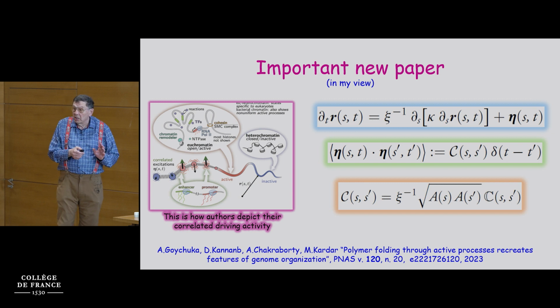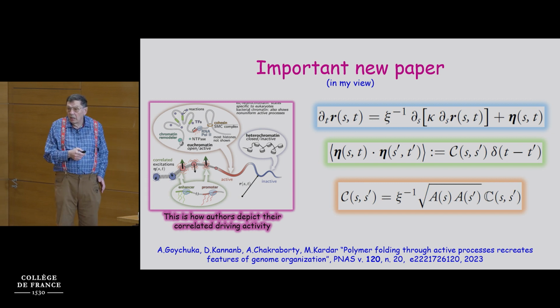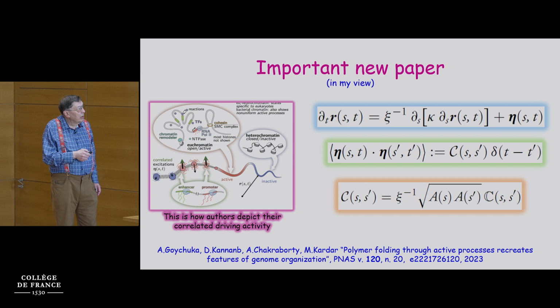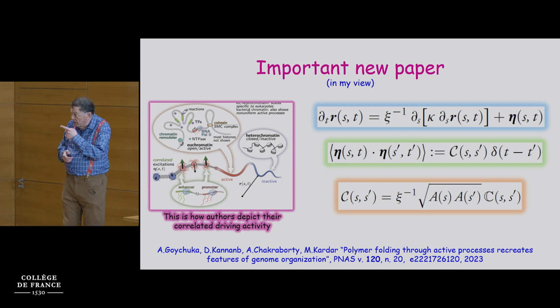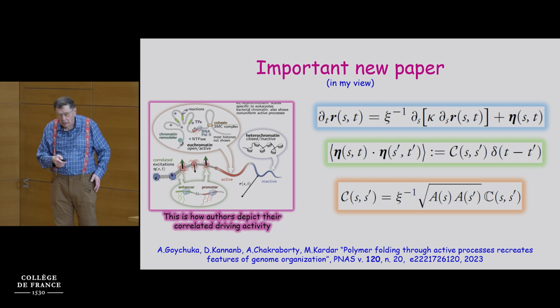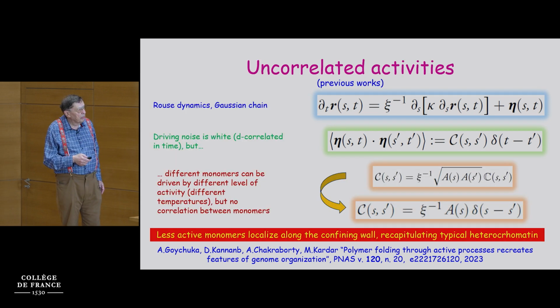So there are correlations between what happens on different parts of the same, for instance, domain. And this, by the way, answers your question. This is a copolymer, not different polymers. So it's correlation in one polymer.